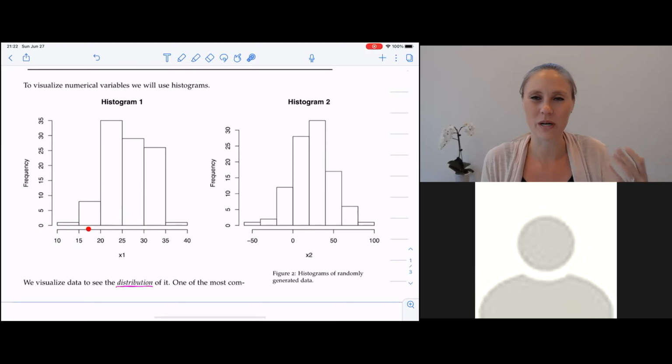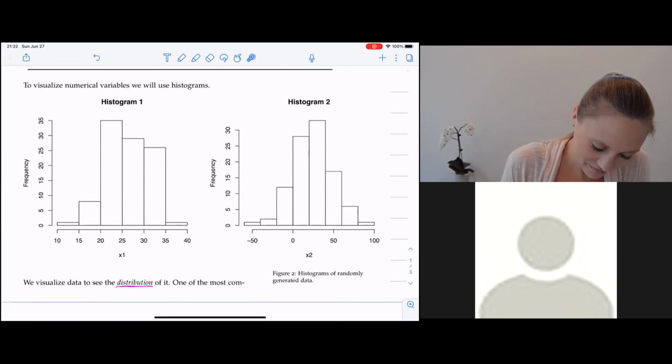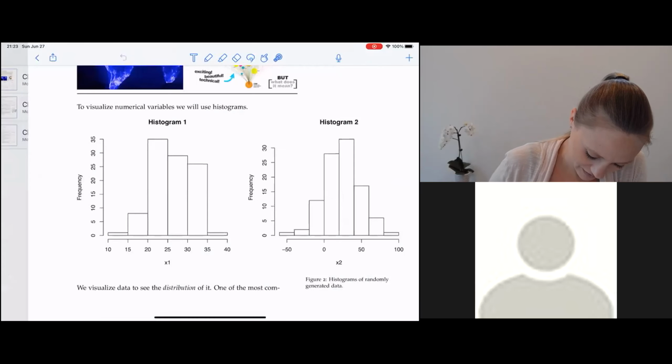But I think it would break up our data too much. And usually the default is fine. I'm never disappointed. Okay, good.